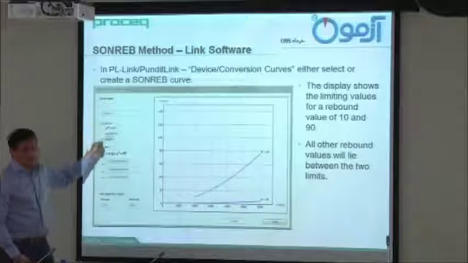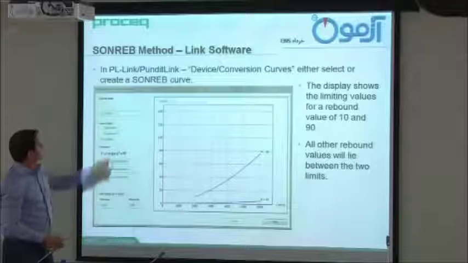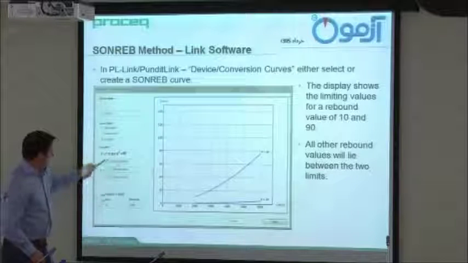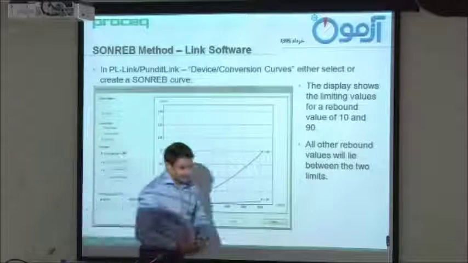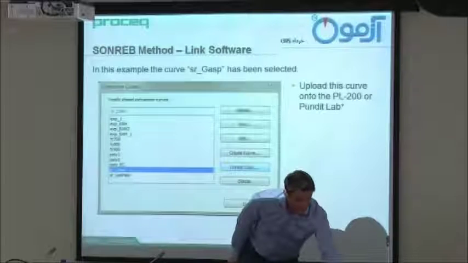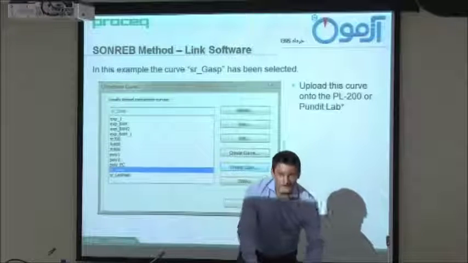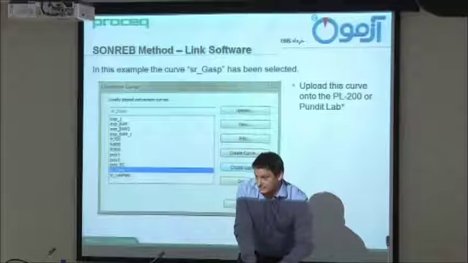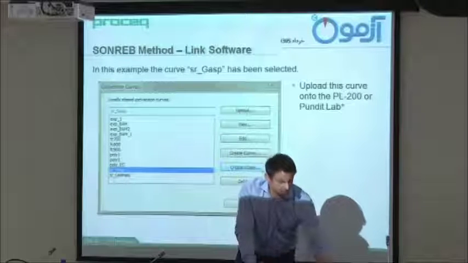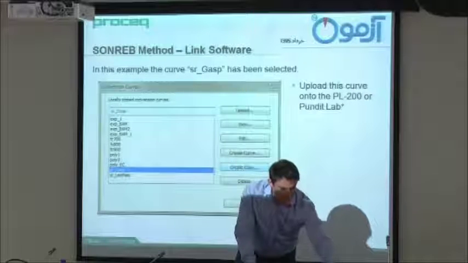You can key it in on the ultrasonic device, in the PLink software, and then you get this curve, and you use it. Or you have already copied one from another instrument, then you just say create copy, and then you use this.